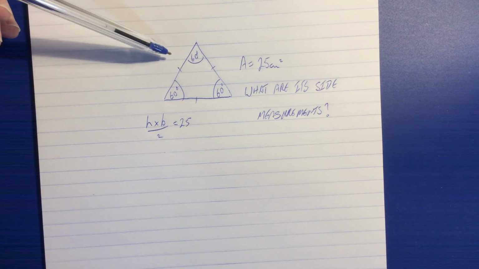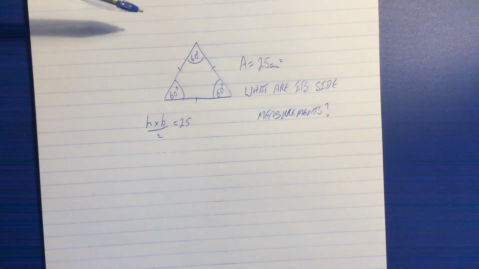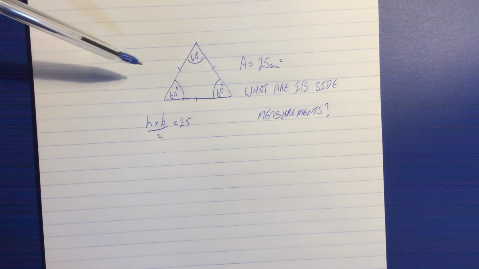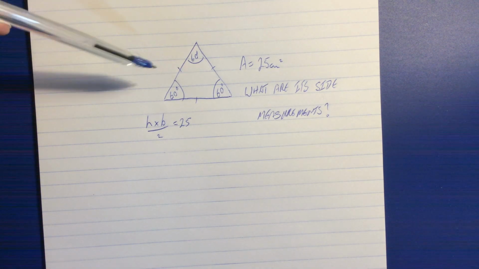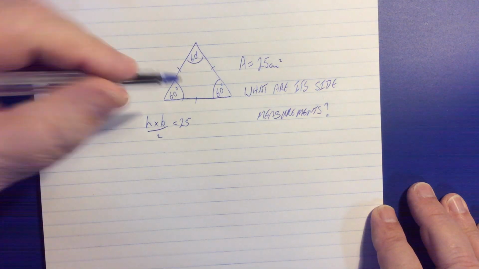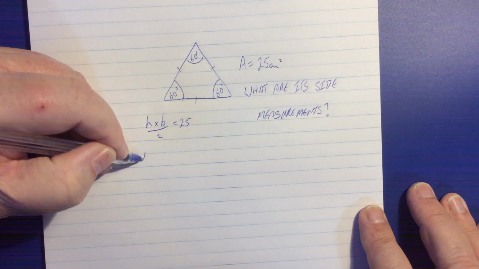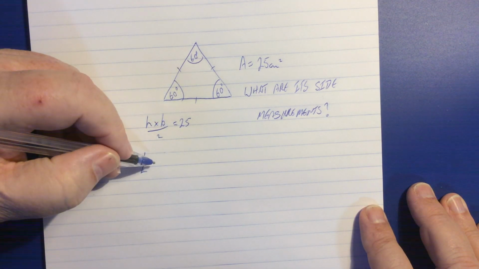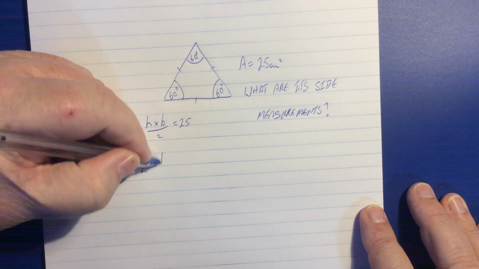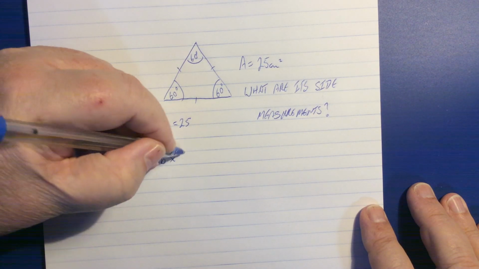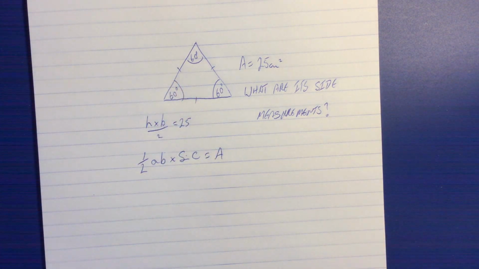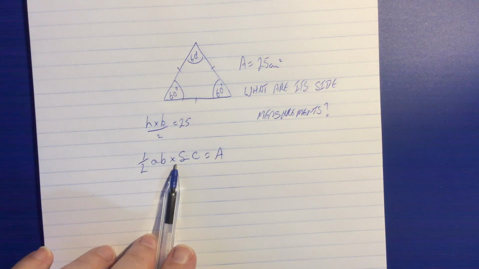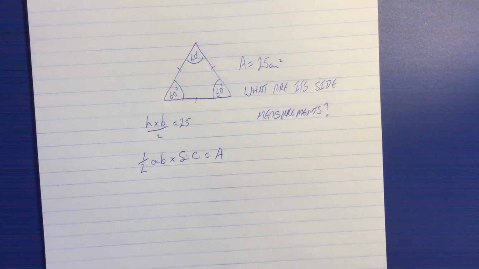I think there's a better way, and we can use one of the characteristics of an equilateral triangle to get out of this predicament. We're also going to use a different formula. So there is a less known but equally valid formula for the area of a triangle, and it's half AB times the sine of C.